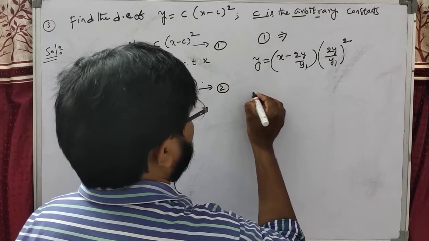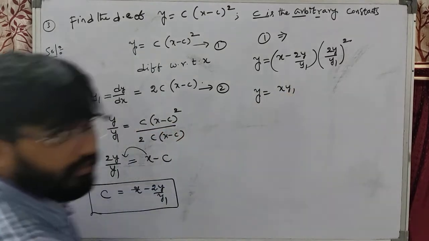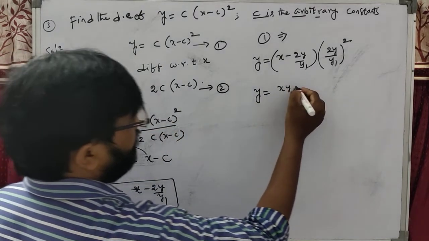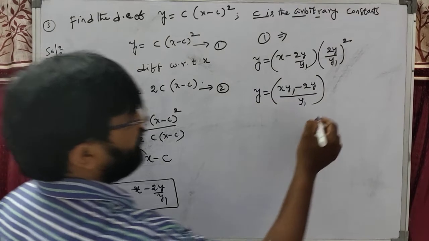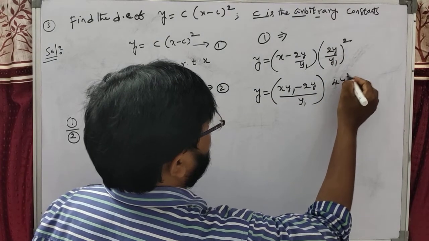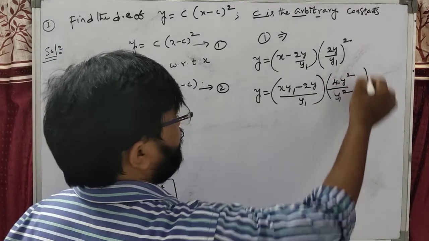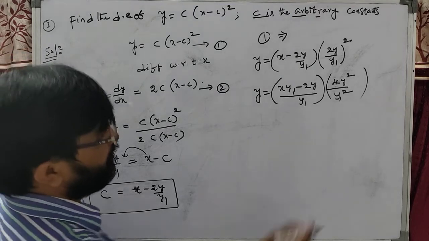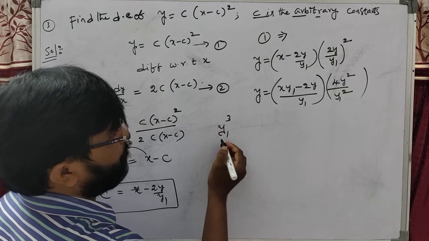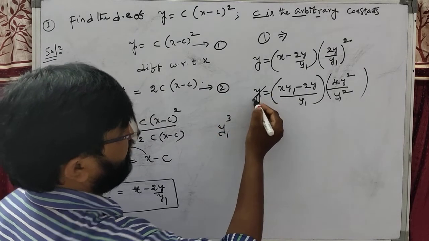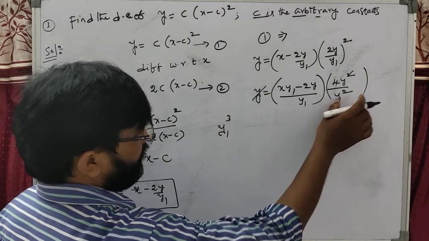Now y equals (x minus 2y by y1) into 4y square by y1 square. Multiplying by y1 cube, one y cancels: y1 into y1 square is y1 cube.